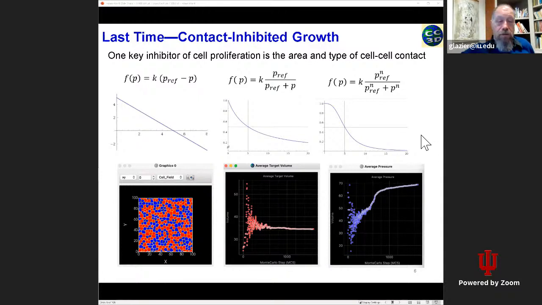And I had asked people to tell me whether the proliferation stopped or not for these three cases, and whether the pressure reached a steady state or whether it kept going up. And people got somewhat different results. Some of that depends on whether cells are dividing at a target volume or when they reach a fixed volume.